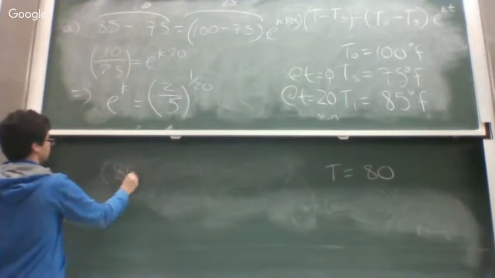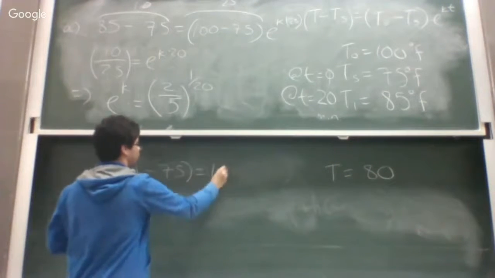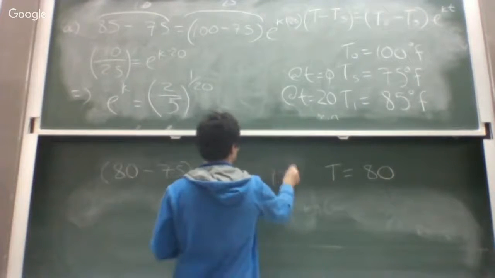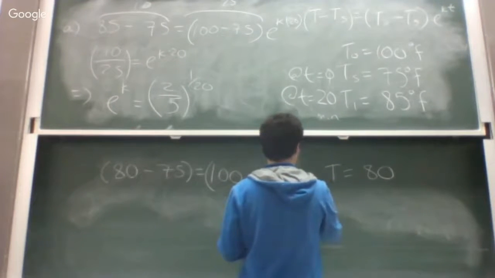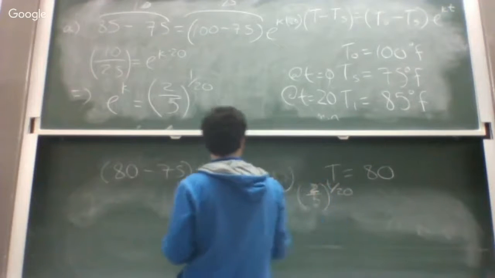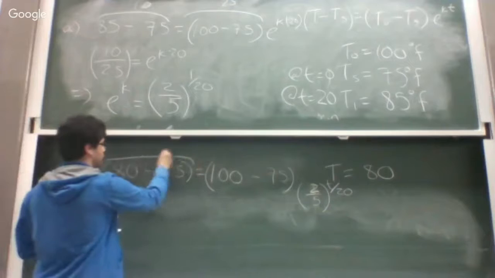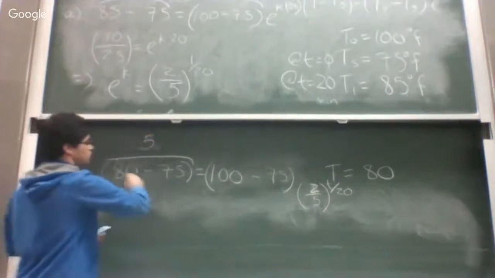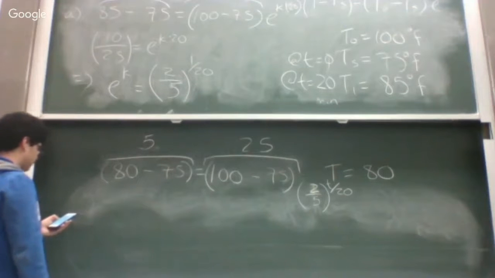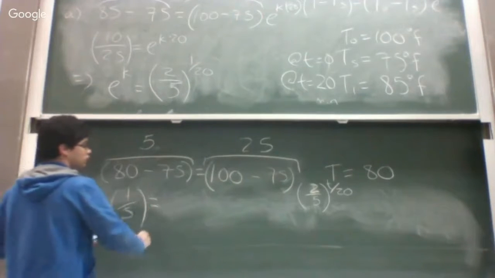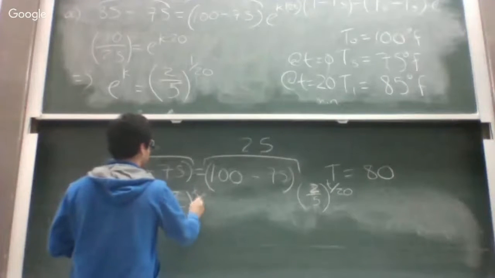We have 80 minus 75 equals 100 minus 75 times 2/5 to the power of t over 20. 80 minus 75 is 5, 100 minus 75 is 25. So we get 1/5 equals 2/5 to the power of t over 20.